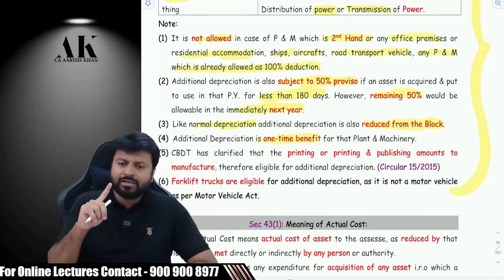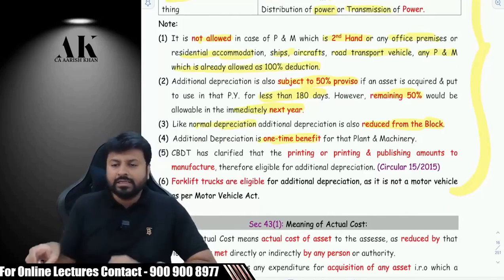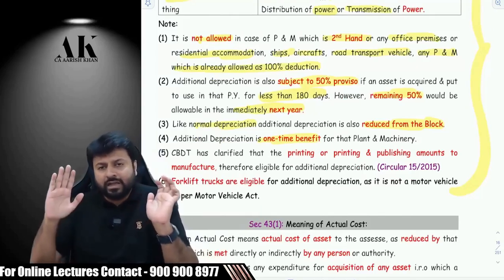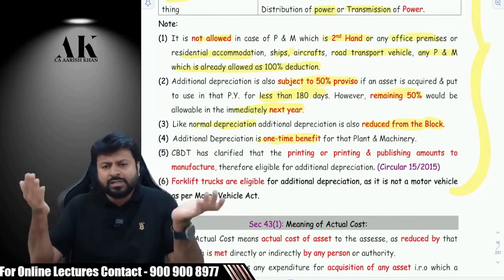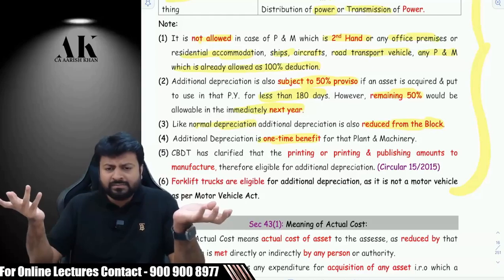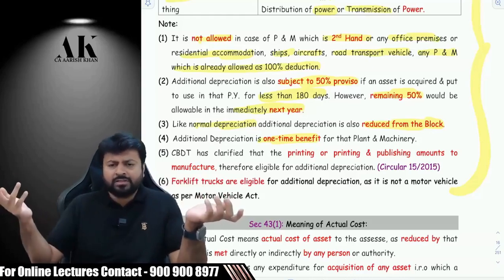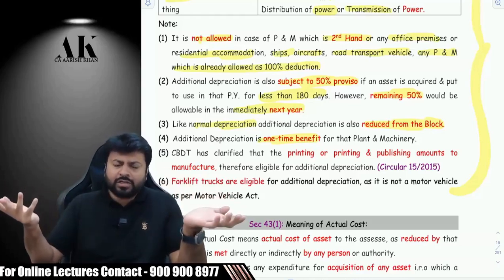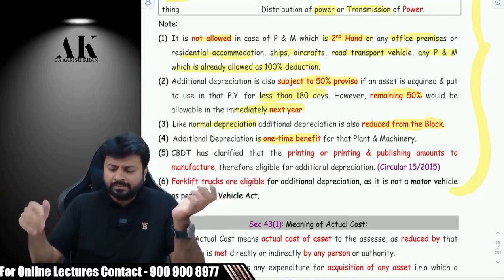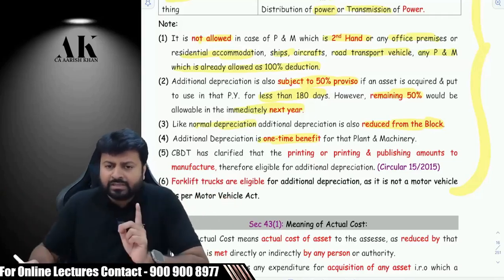You cannot claim additional depreciation every year on the same asset. If you want additional depreciation every year, then buy new machinery every year. Suppose in the next year I buy new machinery for production, I will get additional depreciation. Then again in the next year I buy new machinery, again I will get additional depreciation. So for every machinery you will get additional depreciation only once.